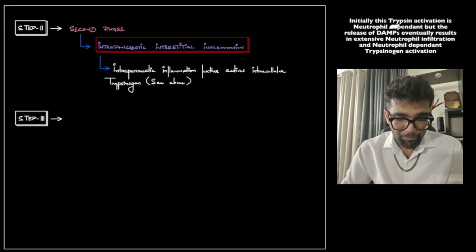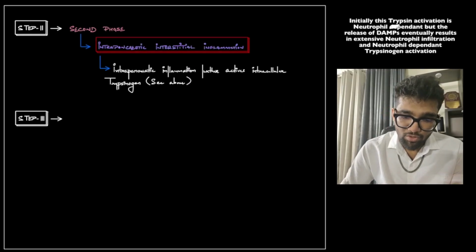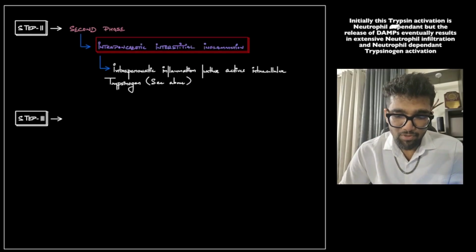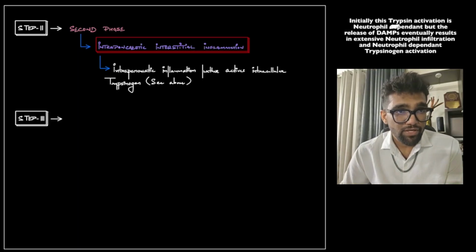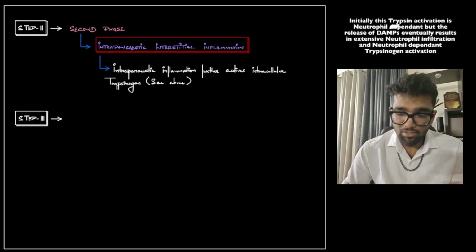Okay, so that is the second phase, and that is what we call intrapancreatic interstitial inflammation. Now, again, there is activation of intracellular and then extracellular trypsinogen.